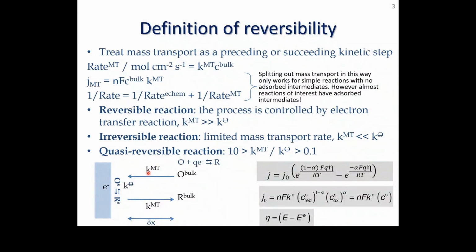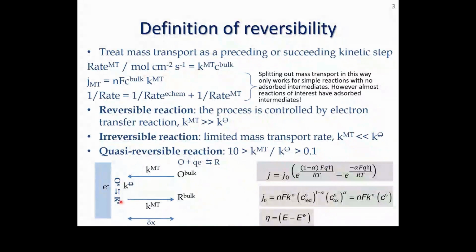Mass transport is driven by different chemical potentials of the species, or in simple terms, differences in concentrations. So, of course, we're consuming O at the electrode surface, and now we've got a concentration difference between the bulk and the surface, and so we will actually have diffusion from the bulk to the surface to replace this. So we can regard this as a step involved in our overall reaction.